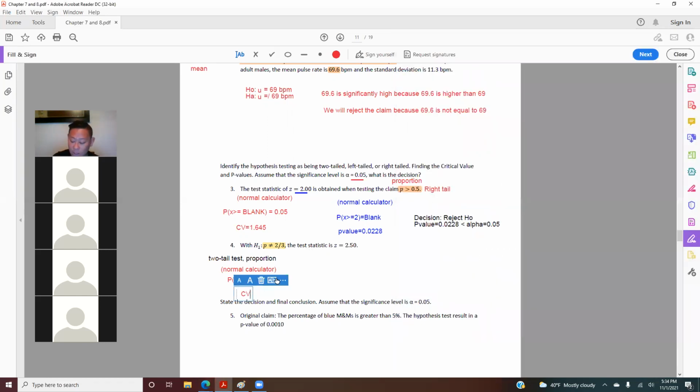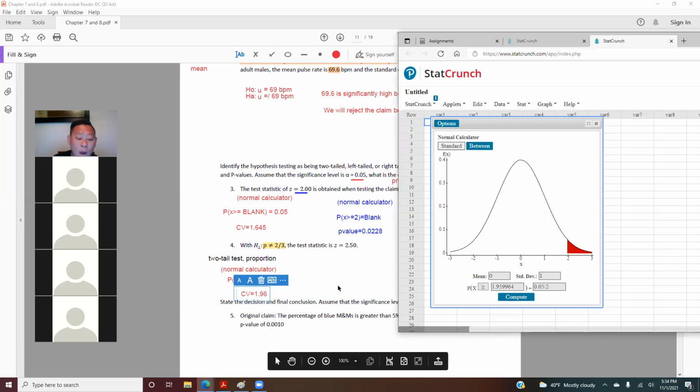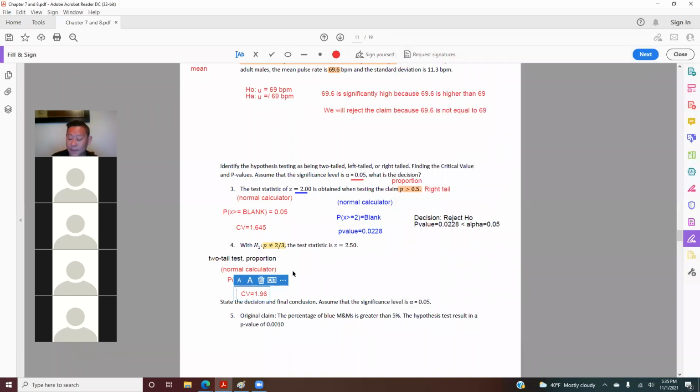However, if you give me 1.96 here, you will get it wrong. Why this is wrong is this is not two tail. This is only one tail. So the correct answer in this case will be plus or minus 1.96.